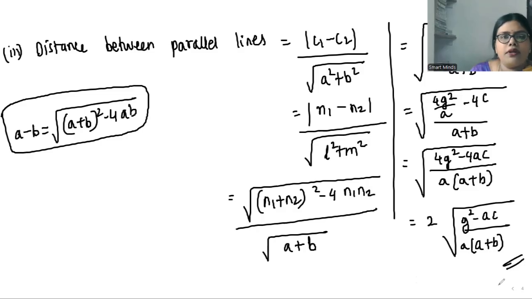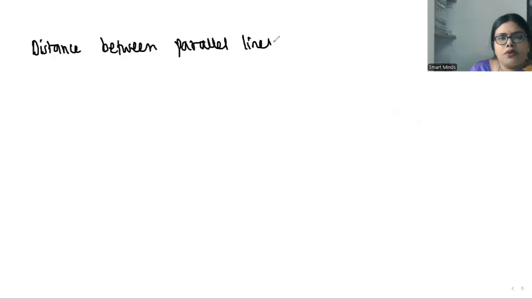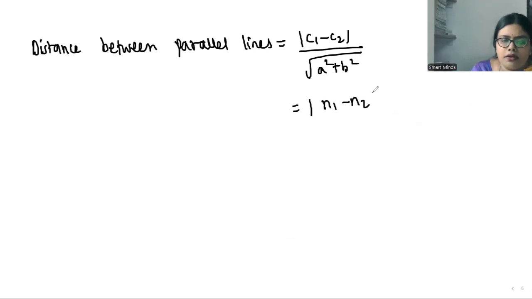Now in the same way we will take the second part. Again we will take the same formula. What is the formula? Distance between parallel lines is mod C1 minus C2 by root A square plus B square. So that is mod N1 minus N2 by root L square plus M square.